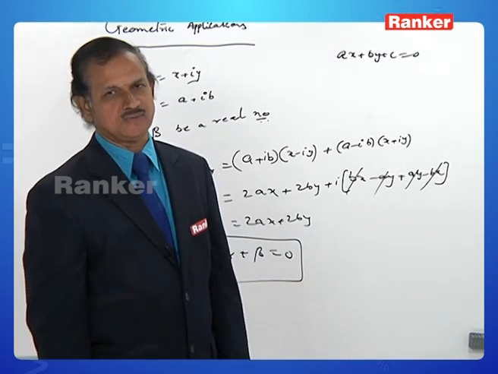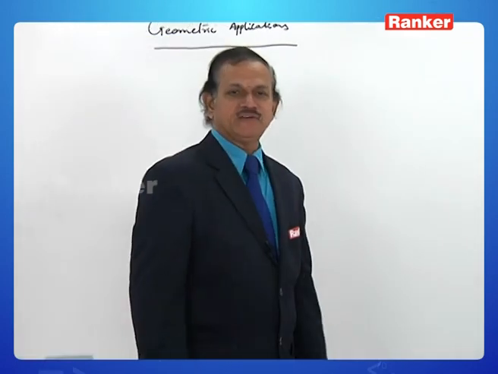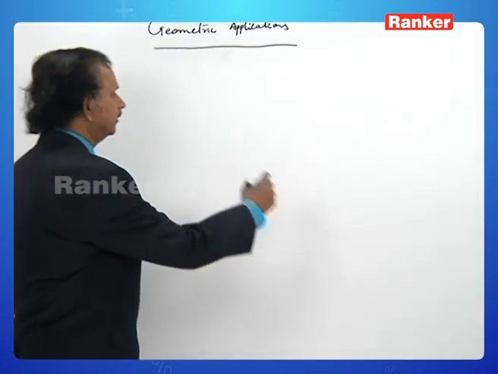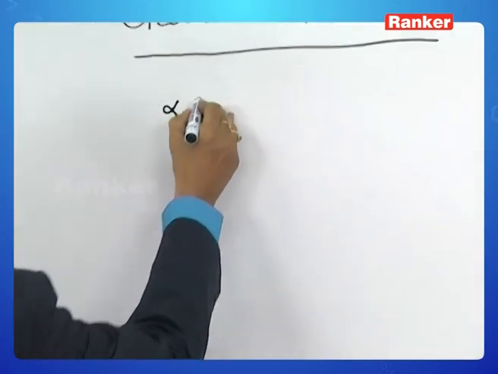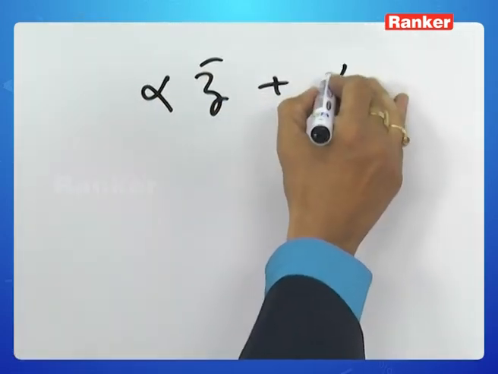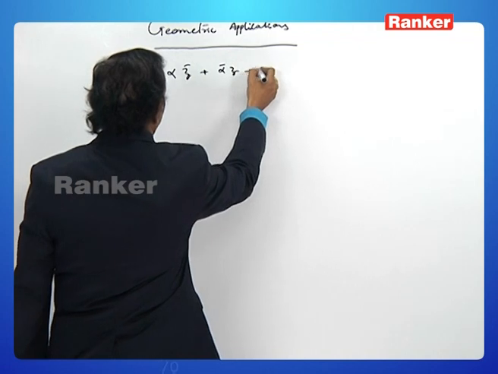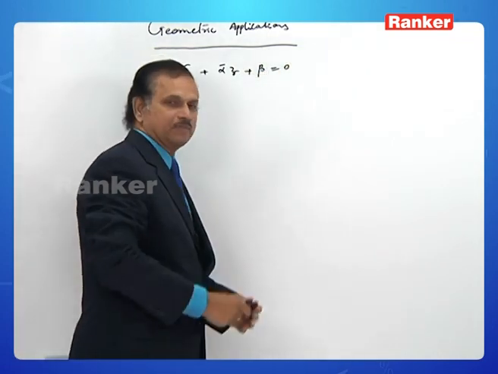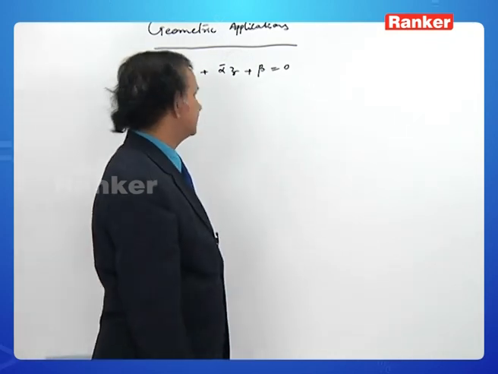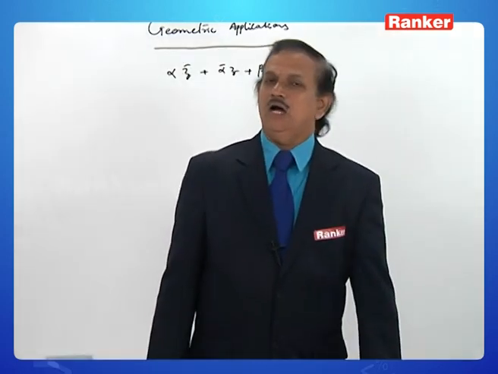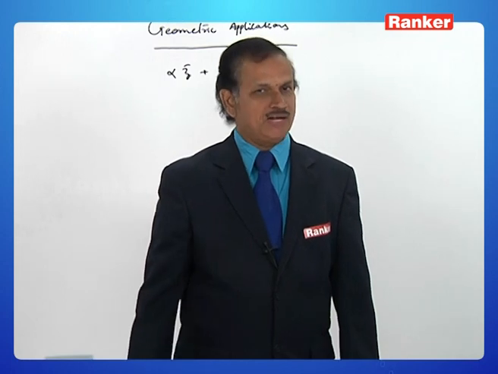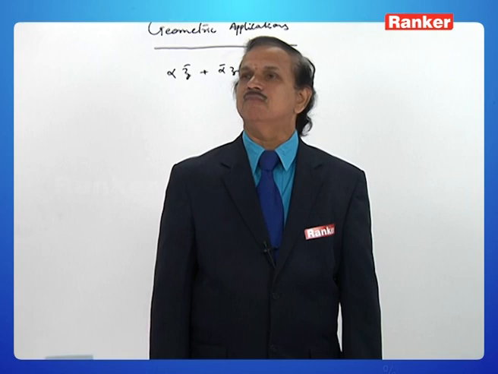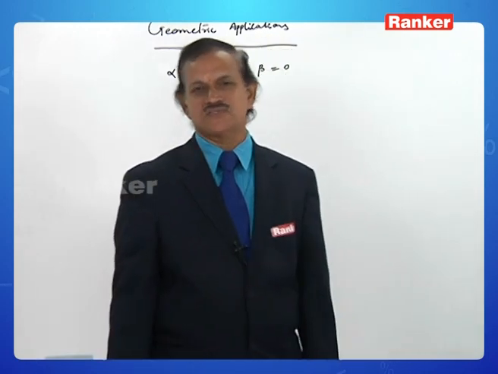Therefore, we have noticed that the general equation of a straight line is alpha z bar plus alpha bar z plus beta is equal to 0, where alpha is a non-real complex number and beta is a real constant, is the most general and standard equation of a straight line.